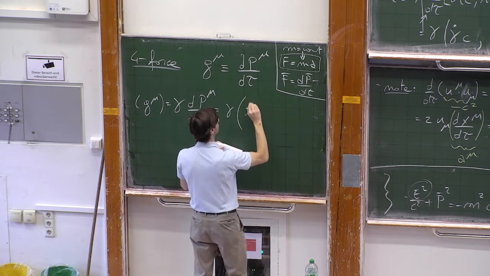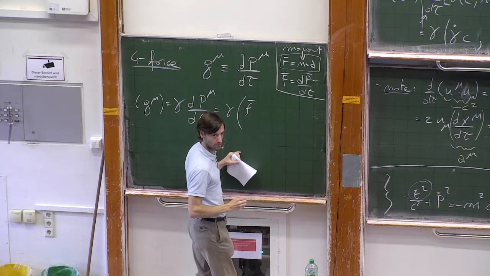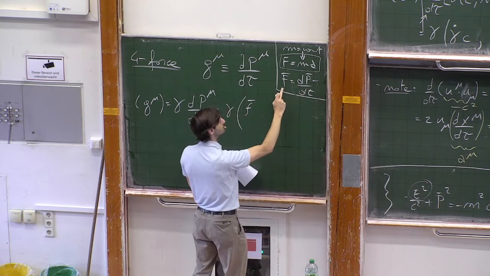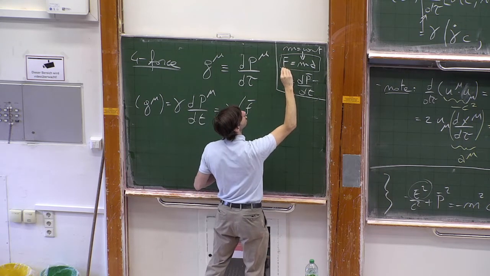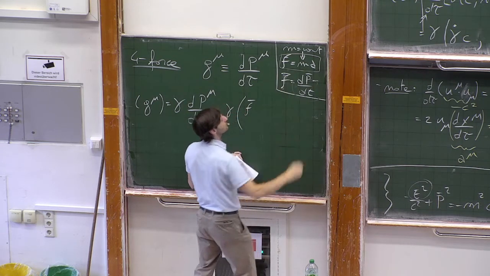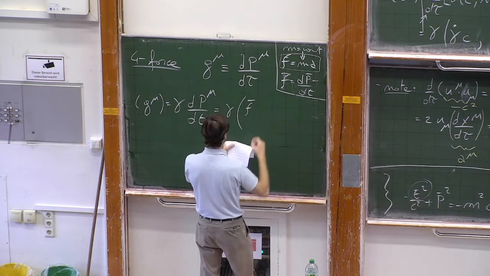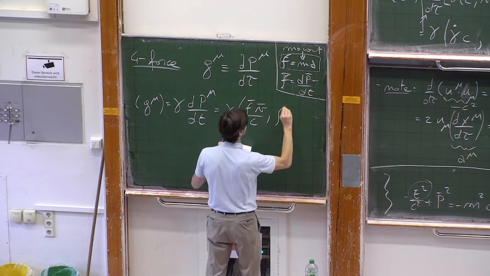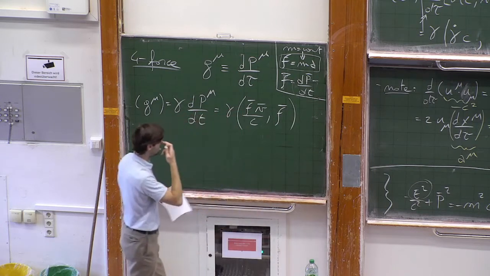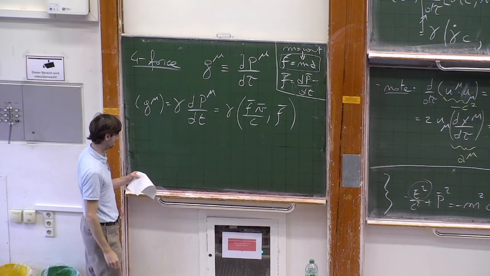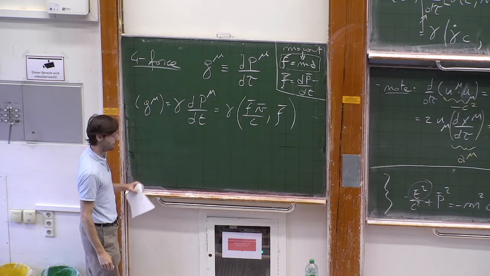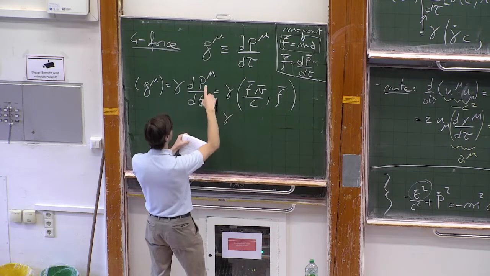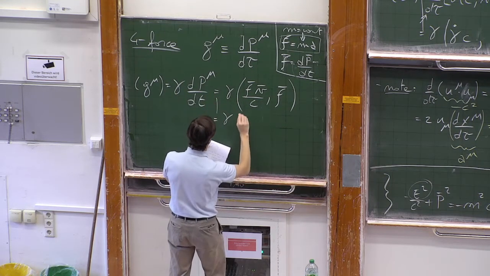I just tell you that we have the standard three-dimensional force, meaning the dp over dt as we see here. But again, if I'm using the definition of P, I can as well write it as gamma.